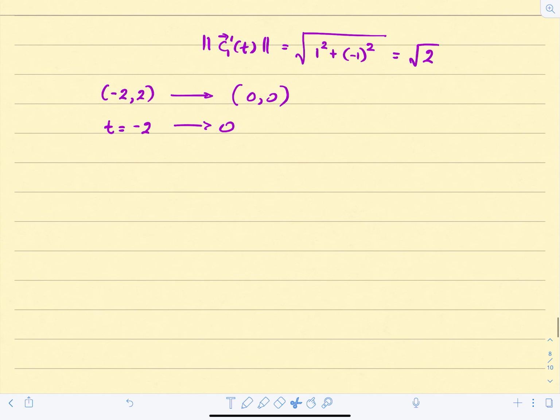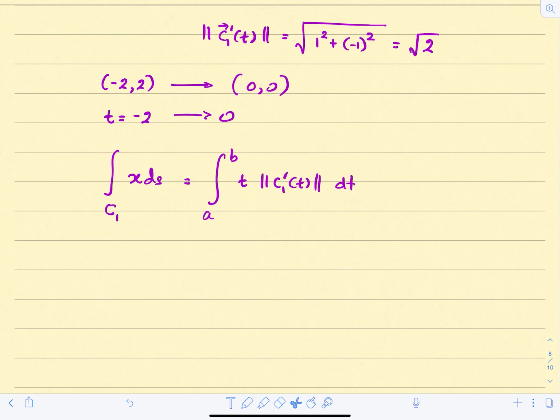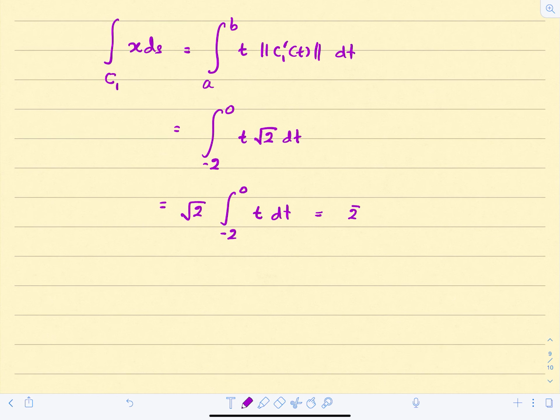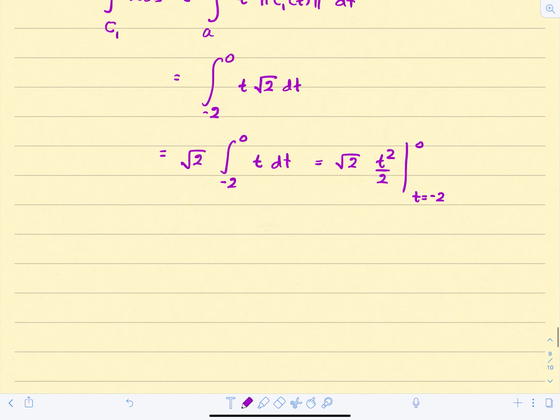Okay. So then this line integral becomes the integral from negative 2 to 0 of t times root 2 dt. Of course root 2 is a constant, we can take it out from the integral sign. The integral of t dt is t squared over 2. If you apply the upper limit, you will get 0 minus the lower limit.